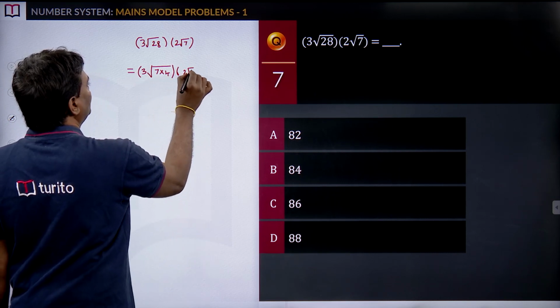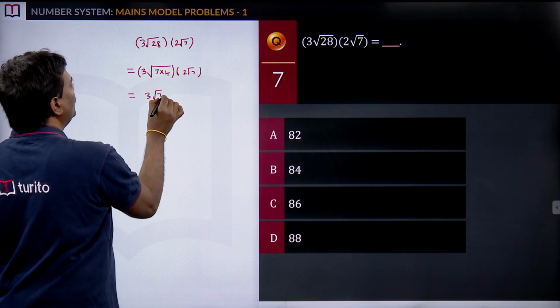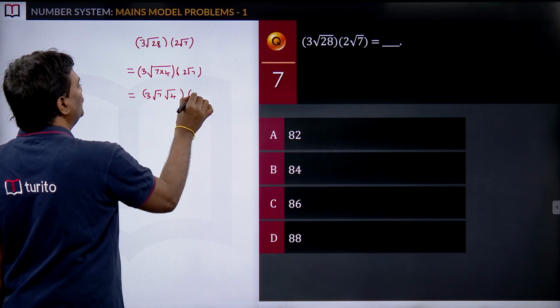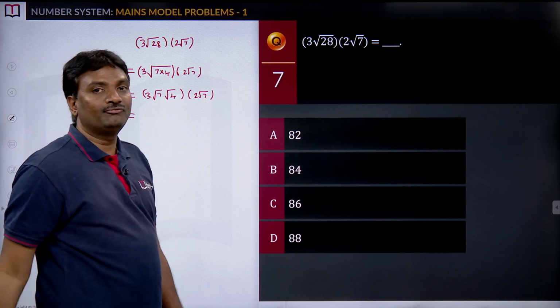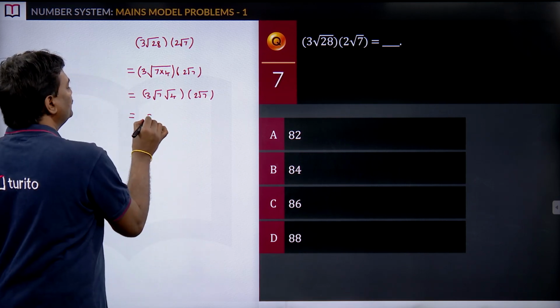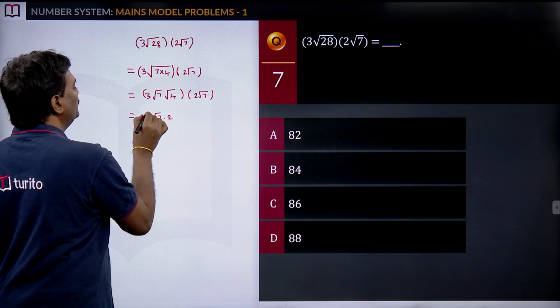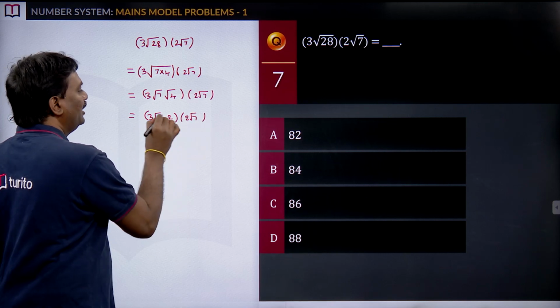By separating, 3 into root 7 into root 4 into 2 into root 7, where root 4 can be written as 2, so 3 into root 7 into 2 into 2 into root 7.